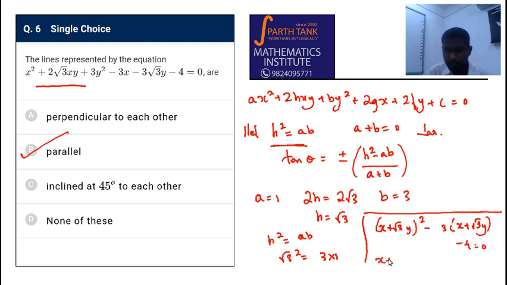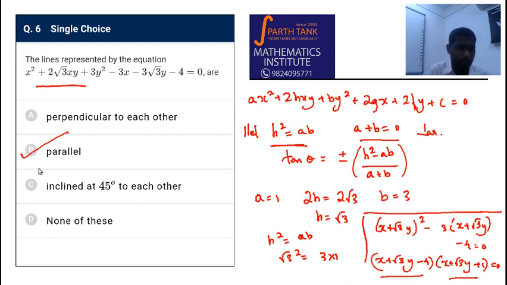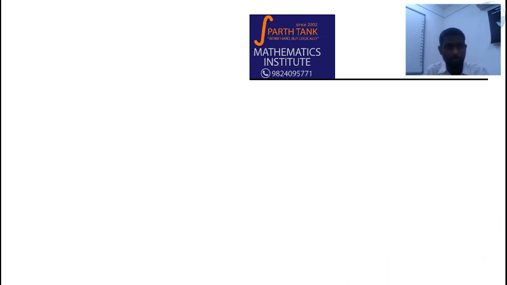And this can be written as x plus root 3y minus 4 into x plus root 3y plus 1 is 0. Because the factors would be minus 4 and plus 1 to satisfy this quadratic equation. Now you see that these two lines are parallel. Both have the same slope, minus 1 by root 3. To be quick, remember these conditions for the parallel, perpendicular and the general formula for the angle. So we can easily deduce h square is ab and therefore the lines are parallel to each other.